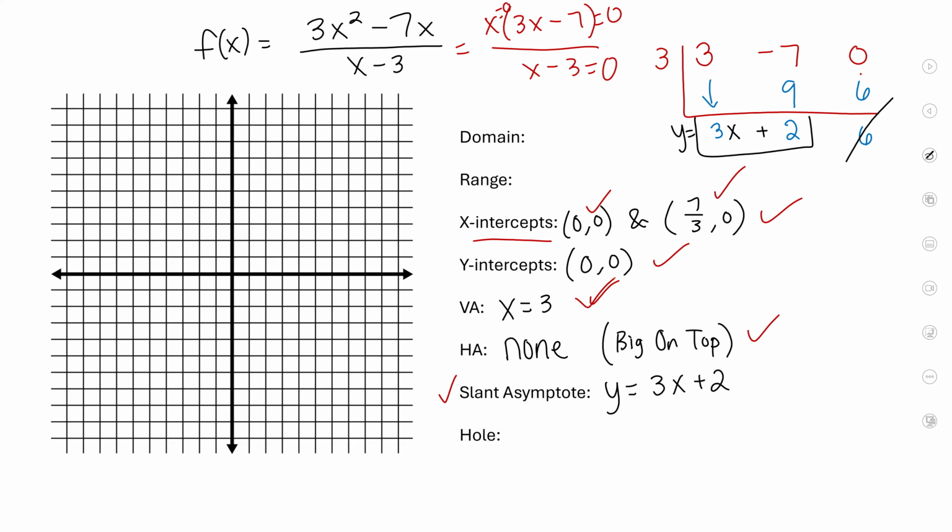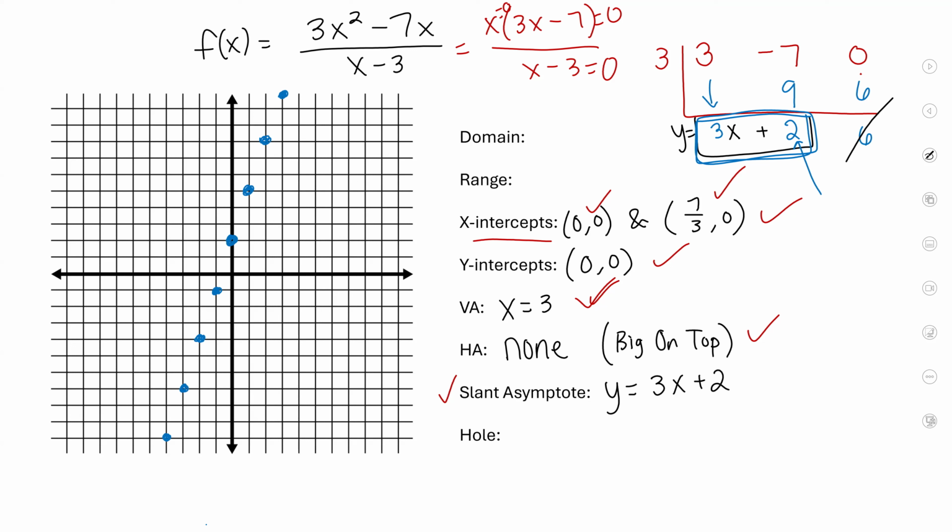I'm going to go ahead and graph these. So we said that the slant asymptote is right here. That means I'm going to start at 2, put a point. My slope is 3. So I'll go up 3 over 1, up 3 over 1, and the same way on the left side to continue the pattern. This is my slant asymptote.